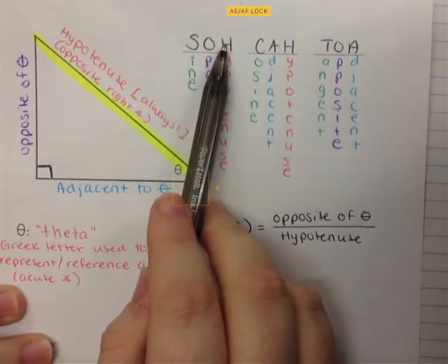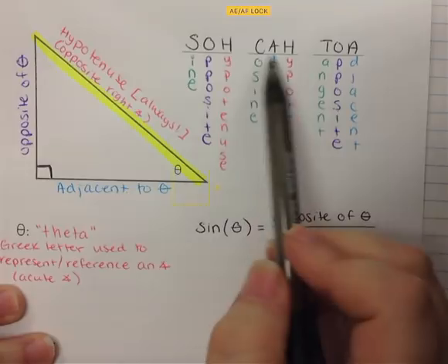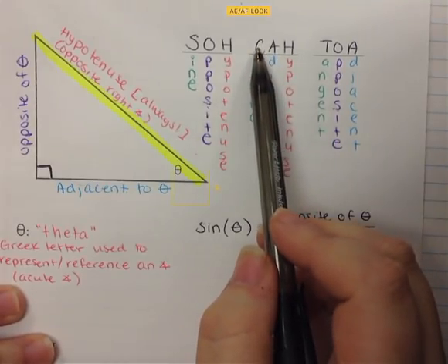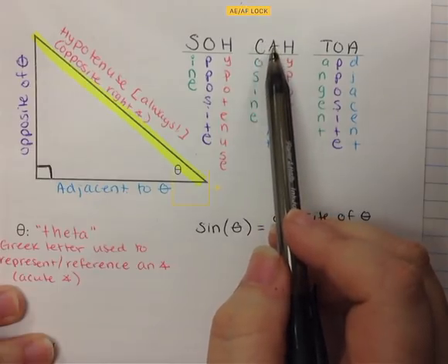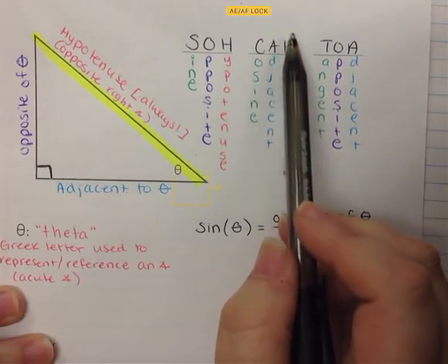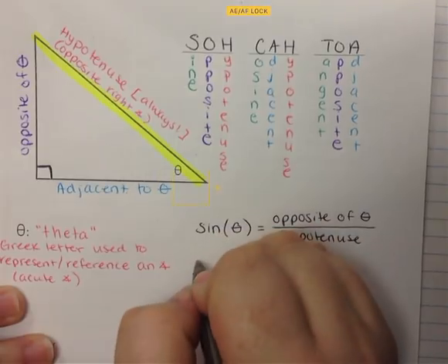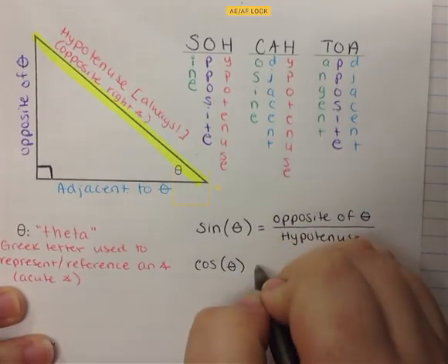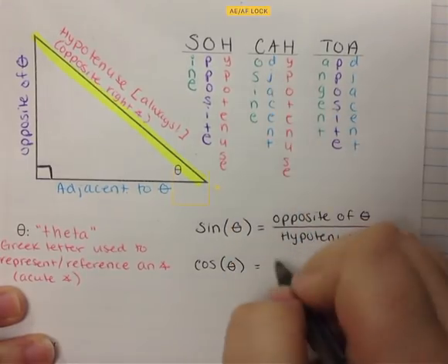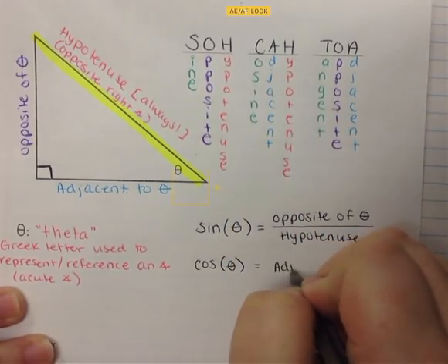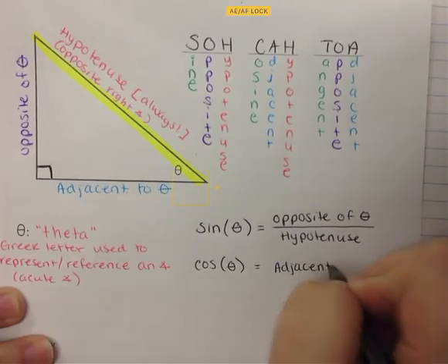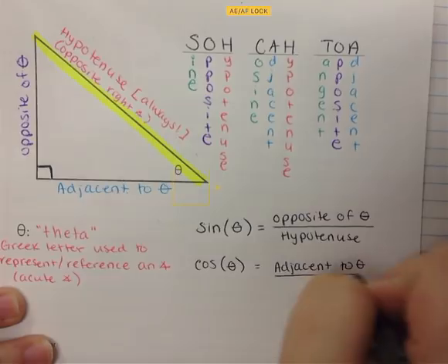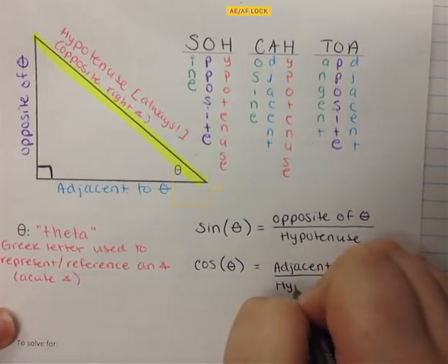It goes in order. So if we do the next one, the C part, cosine is equal to the adjacent over the hypotenuse. So it would be cosine of theta is equal to the adjacent to theta over the hypotenuse.